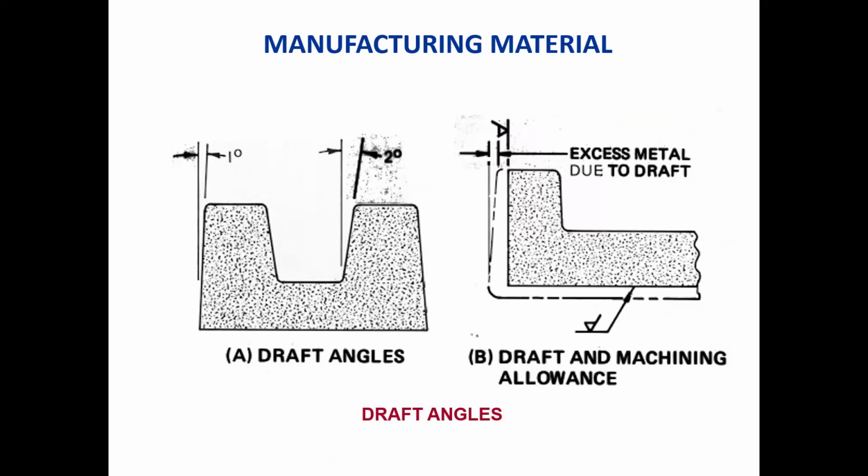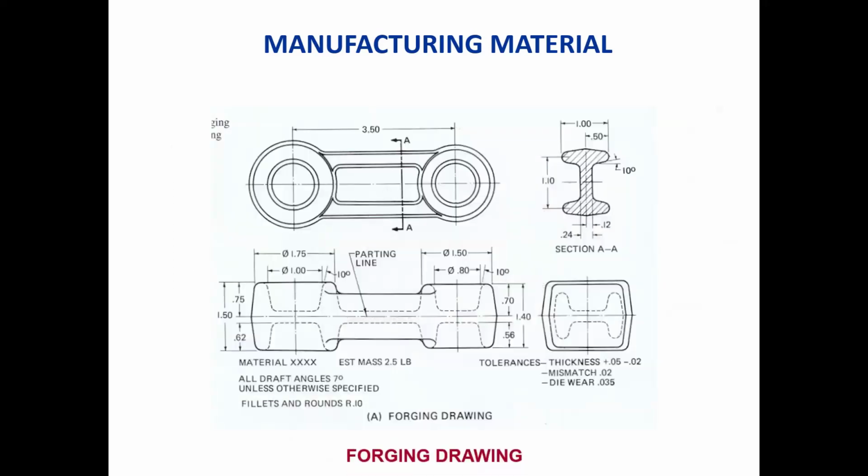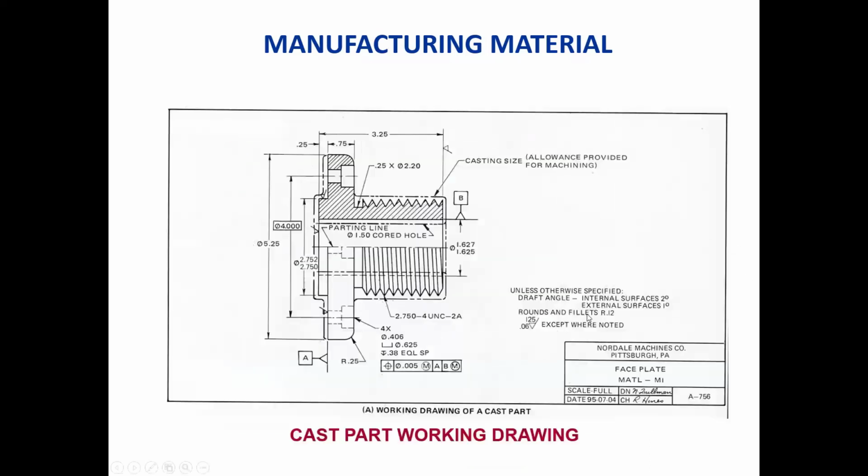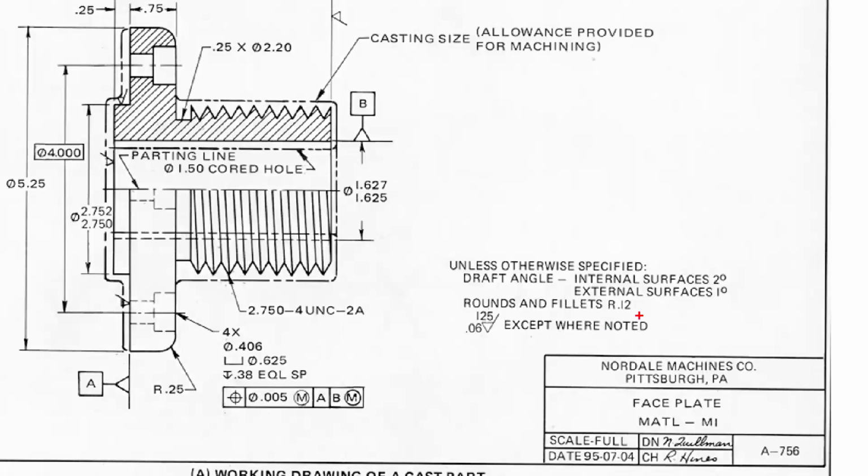Yeah. Okay. So here's a forging part, very similar to casting. Remember forging, we heat this part up and then we deform it by extreme pressure, whether that's a hammer or a press or what have you. Some things are consistent, and I didn't mention this before, but we also are going to have rounds and fillets.